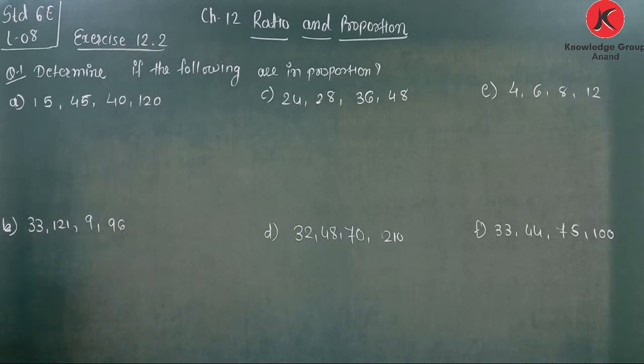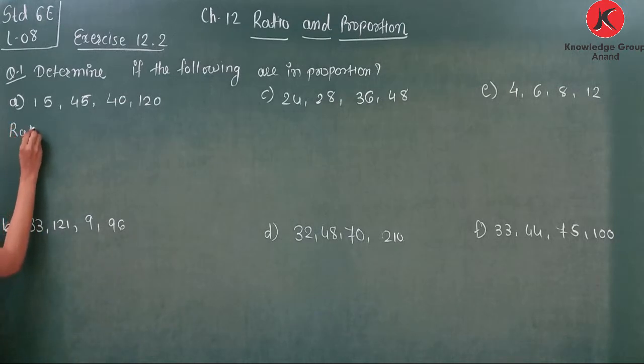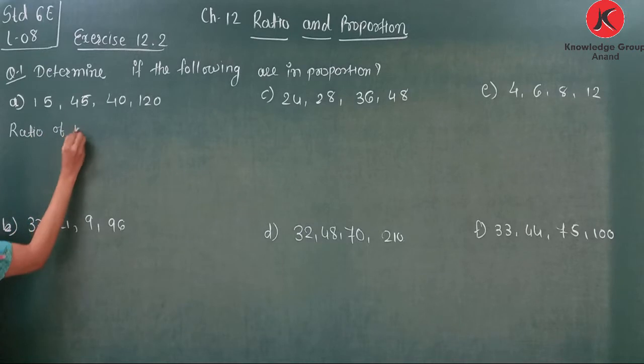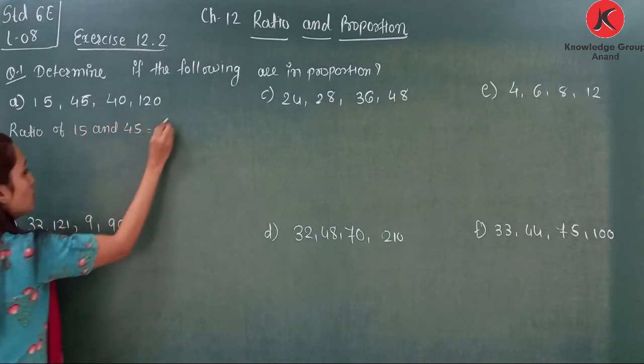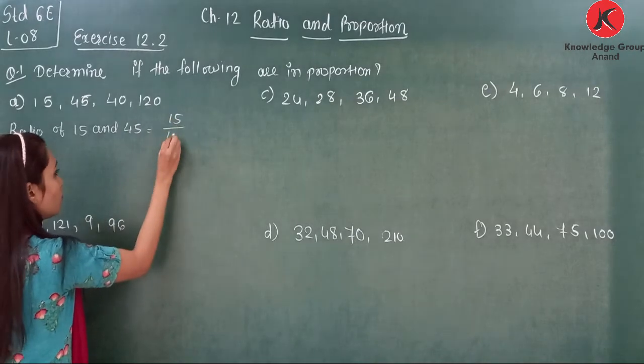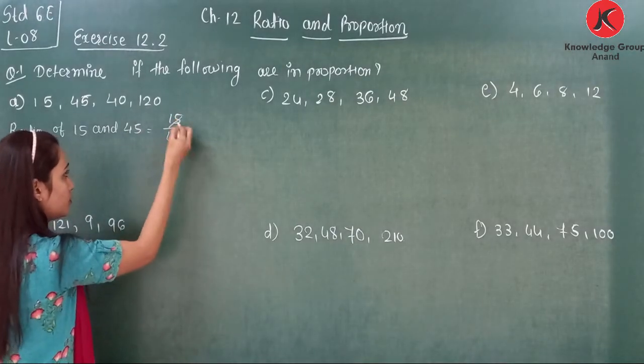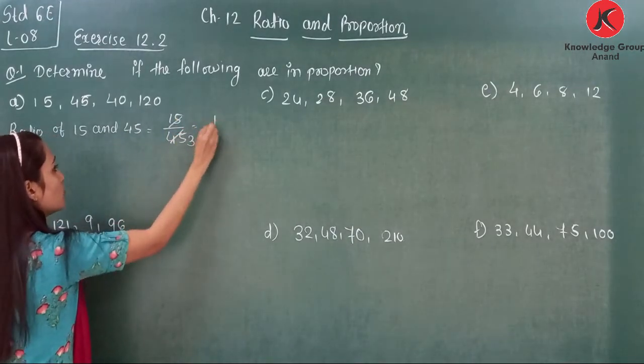So let's start with the first: 15, 45, 40 and 120. Here we take the method in which we find the ratio of 15 and 45 and then of 40 and 120. If the ratios are the same, then they are in a proportion. Ratio of 15 and 45: 15 will be in the numerator, 45 in the denominator. So it is 1 by 3.